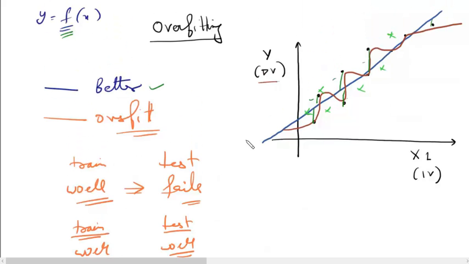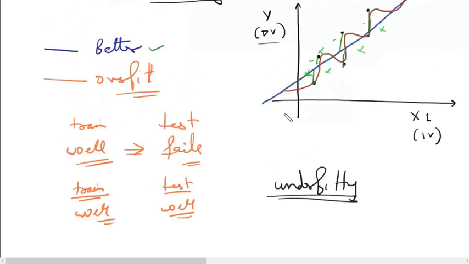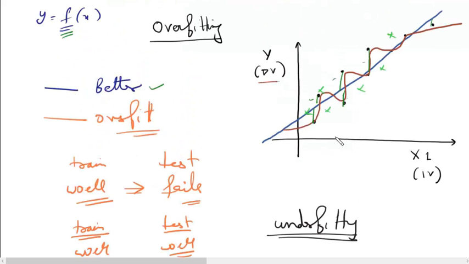Now opposite to overfitting is a concept called underfitting. So let's discuss that as well. What is underfitting? As the word suggests, it is an overly simple model. Overfitting is a complex model. Similarly, underfitting is a simple model. Now remember, we talked about the baseline model in the linear regression module. So what is a baseline model in this case?